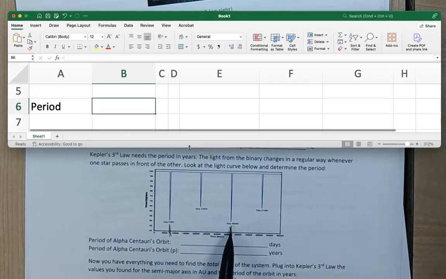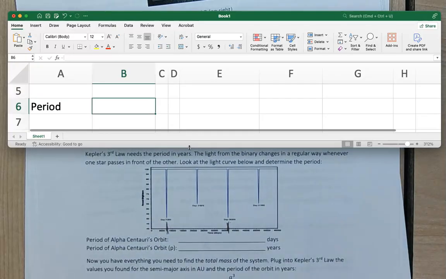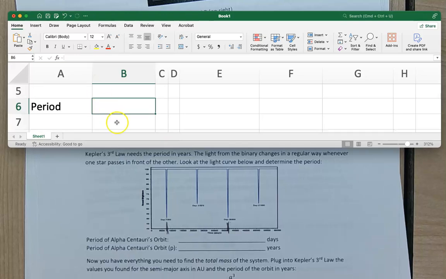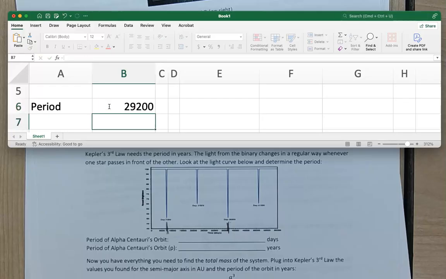The second dip happens on day 36,500. Okay, got that right. So how much time does it take to go from day 7,300 to day 36,500? Well, that's just 36,500 minus 7,300. All right, then those two stars take 29,200 days to orbit each other.